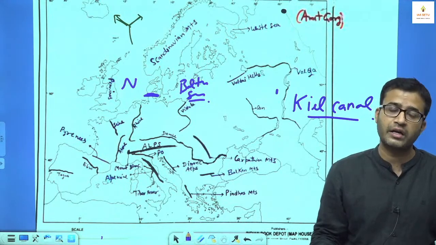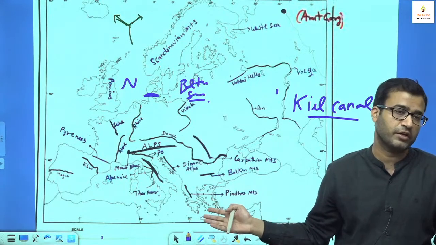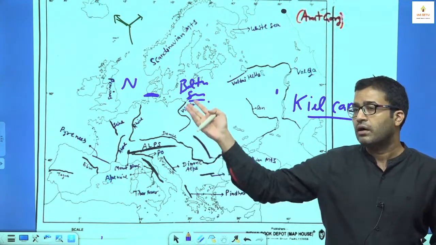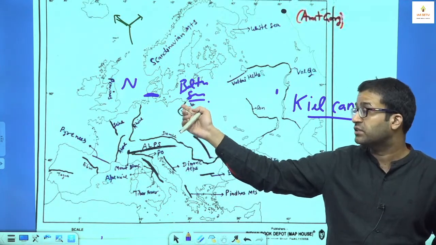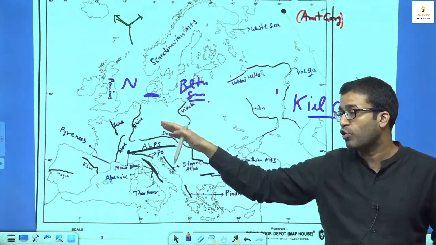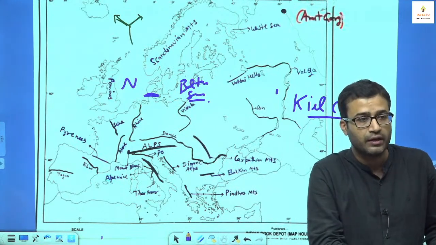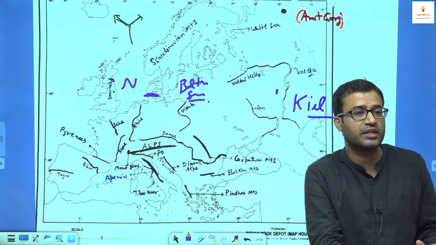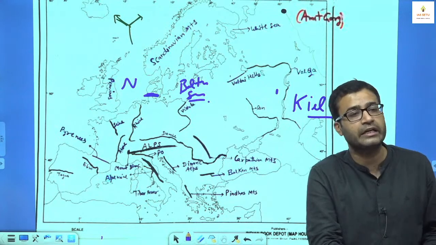अगर उनको कैनाल बनानी पड़ी बनाई. Like here in Africa we have Suez Canal, and here we have Panama Canal. This is Kiel Canal. अगर as far as the continent wise if I say, so what is the famous canal of Europe continent? Kiel Canal.